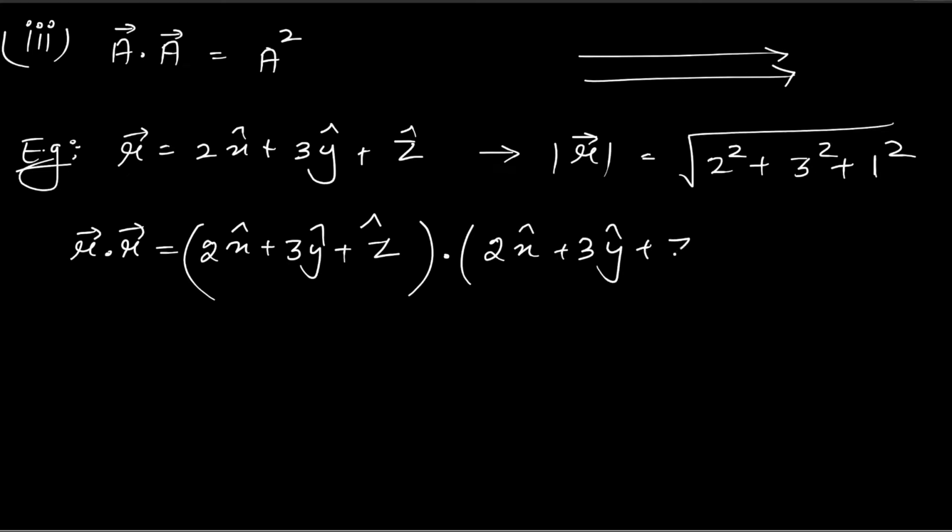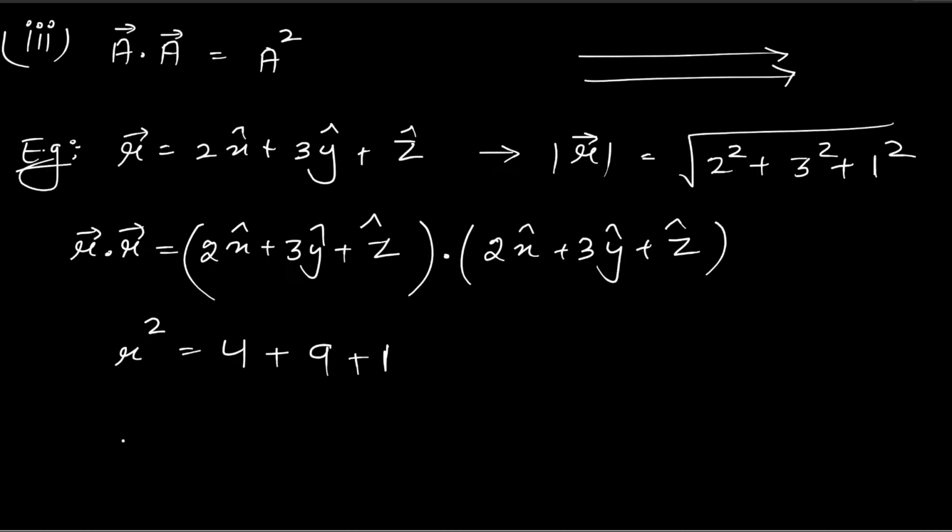You simply multiply the coefficient of x with the coefficient of x: 2 into 2 is 4, 3 into 3 is plus 9, plus 1 into 1, which is 1. This is the method to find the dot product between two vectors, and A dot A is nothing but r square.